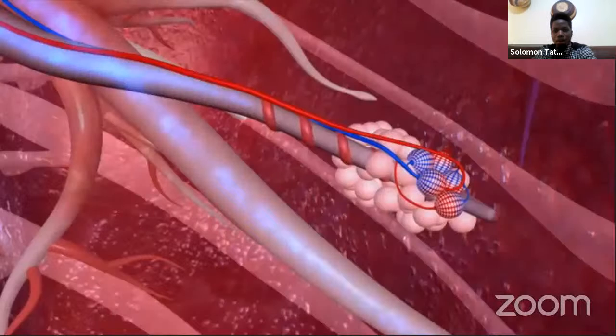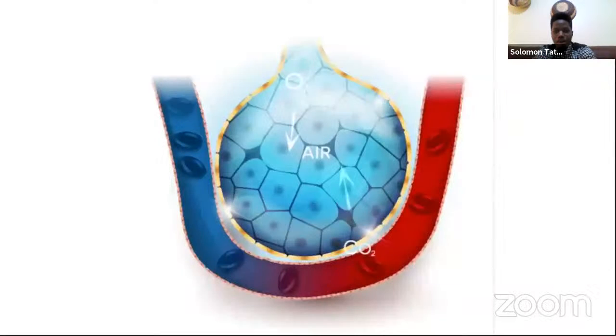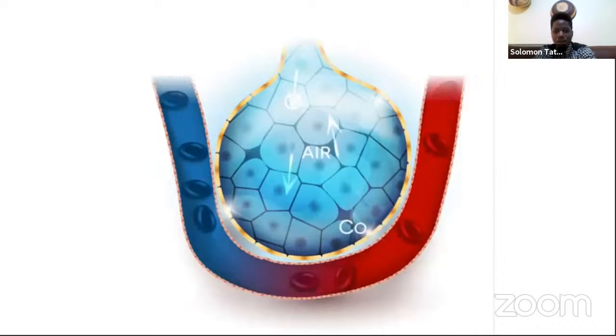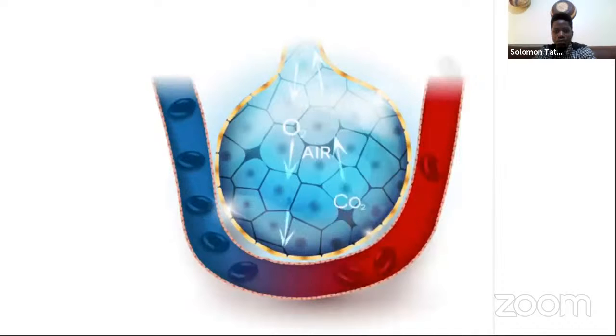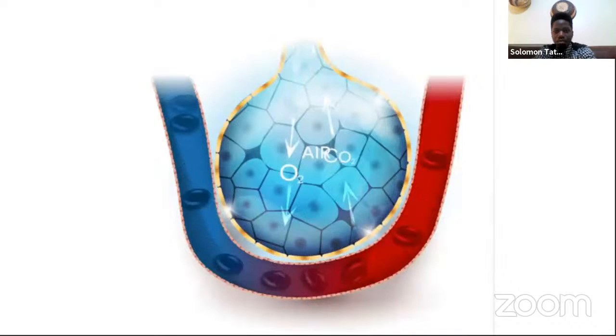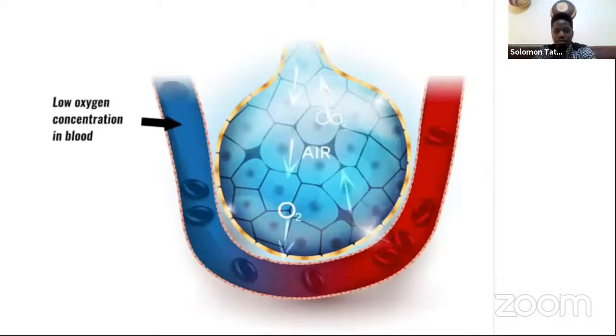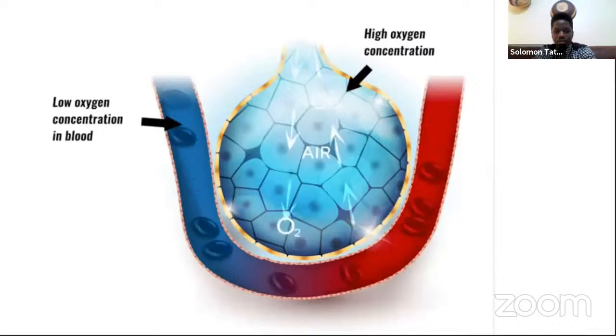A network of small blood vessels called capillaries, into which the inspired gases pass, surrounds alveoli. Diffusion occurs when molecules move from an area of high concentration to an area of low concentration. This occurs during gaseous exchange because the blood in the capillaries surrounding the alveoli has a lower concentration of oxygen than the air in the alveoli, which has just been inhaled.